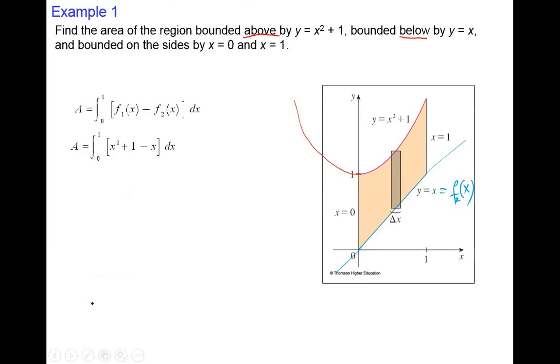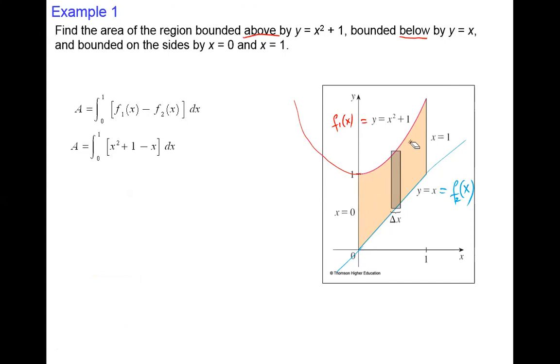We have F sub 1 and F sub 2. This is the top one, so top one minus the bottom one: x squared plus 1 minus x.